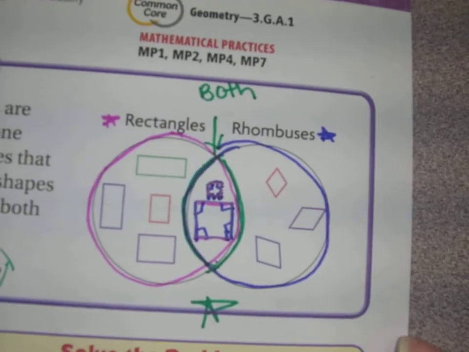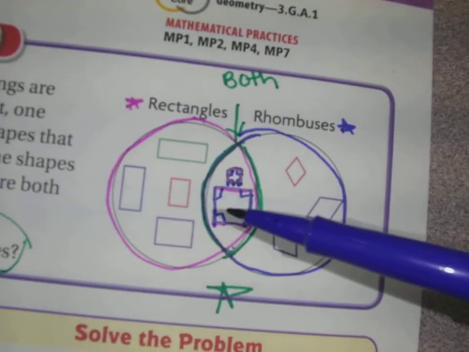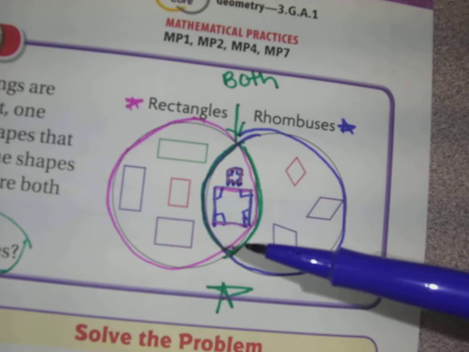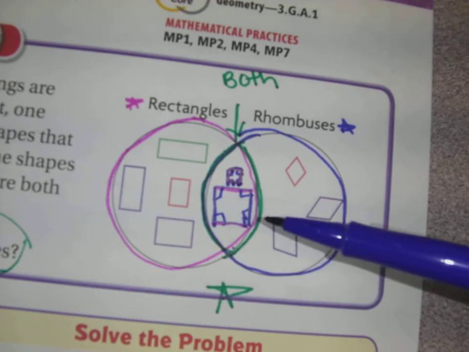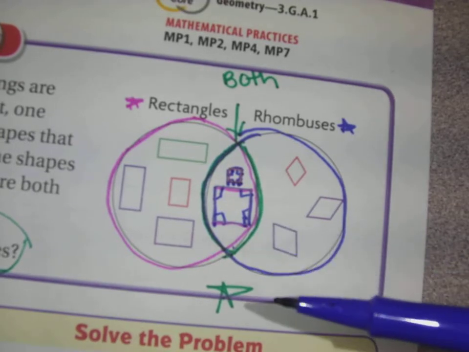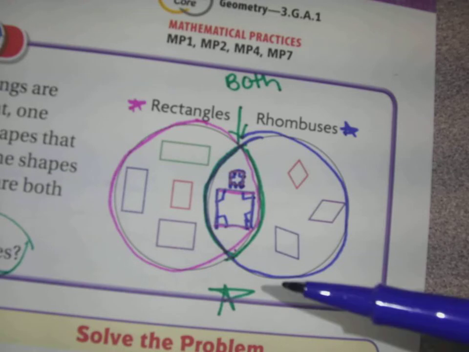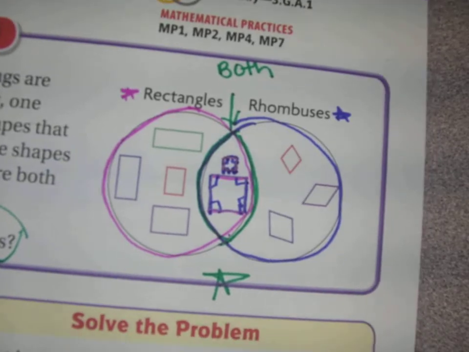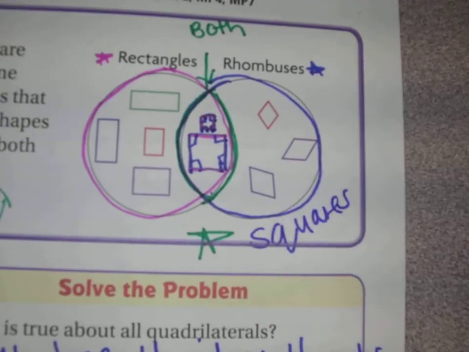If the quadrilaterals in this middle section have 2 pairs of opposite sides that are parallel, 4 sides of equal length, and 4 right angles, then the quadrilateral in these circles are squares. So we just answered our question. What type of quadrilateral is in both circles?